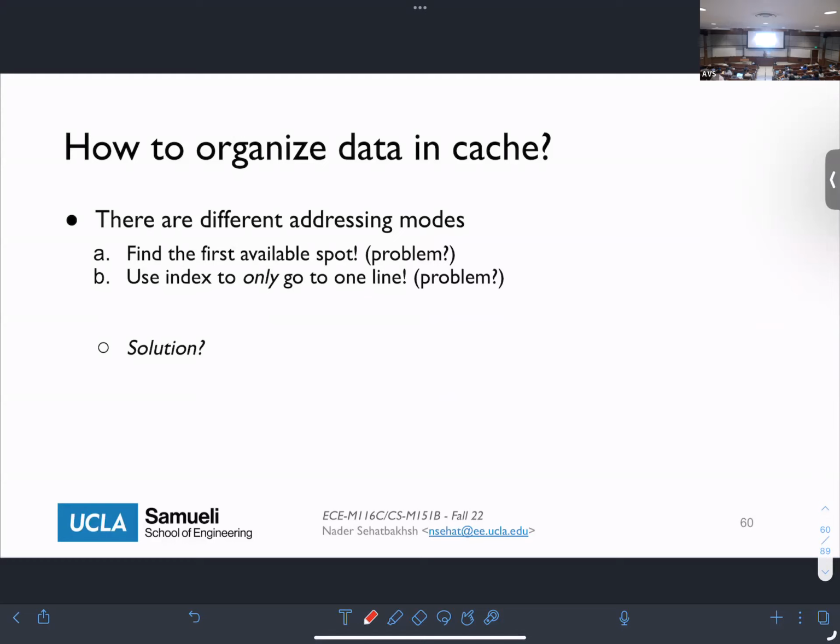The first one is, let's say we have an available table. One thing we can do is that we don't care about the index. We say that there's an equal chance of your data being in any of these entries. All you need to do is find the first empty spot and save it there, okay?